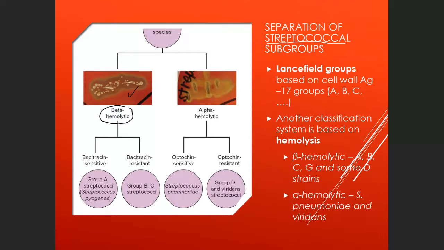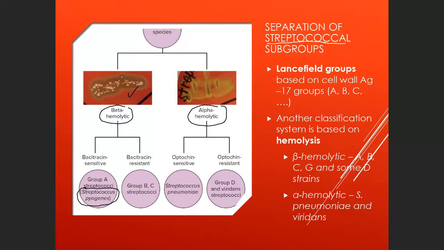This is how it looks on the petri dish, and the alpha-hemolytic group. The beta-hemolytic group becomes group 1, group A, which is the most pathogenic one, Streptococcus pyogenes. This is the one that causes the most problems in humans.